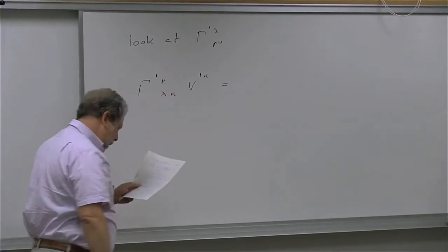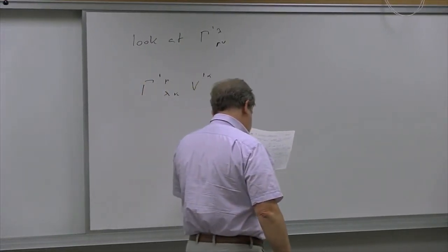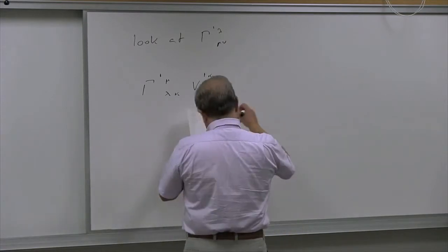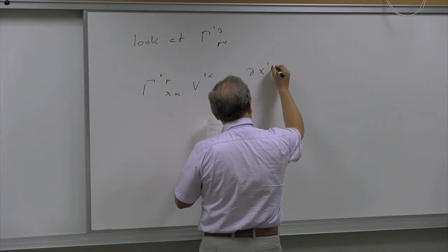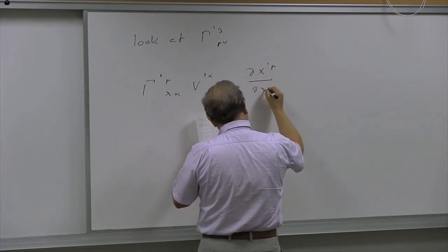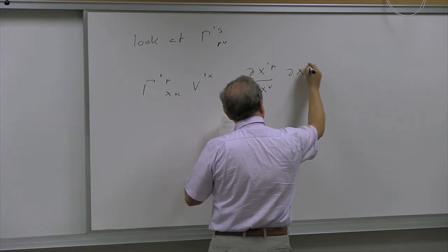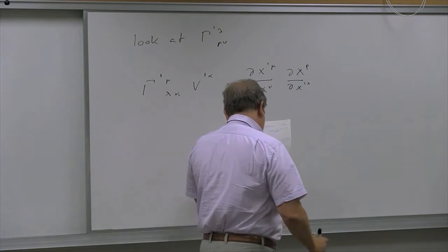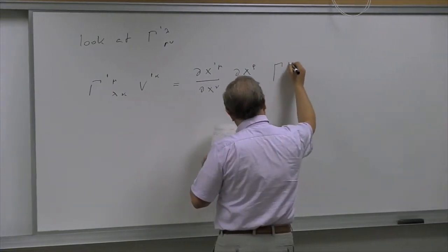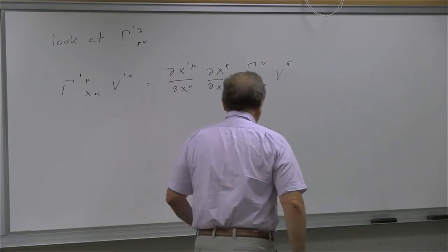Now, this is something that we kind of worked out, some of it. And when you do the algebra, this is dx prime mu by dx nu times dx rho by dx prime lambda times gamma nu rho sigma times v sigma.